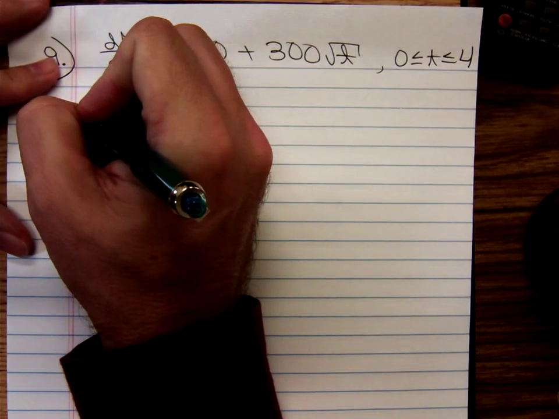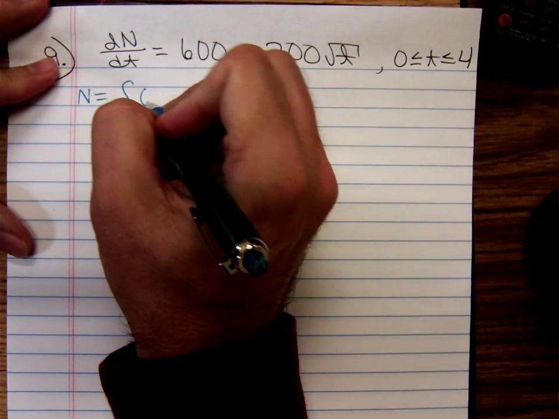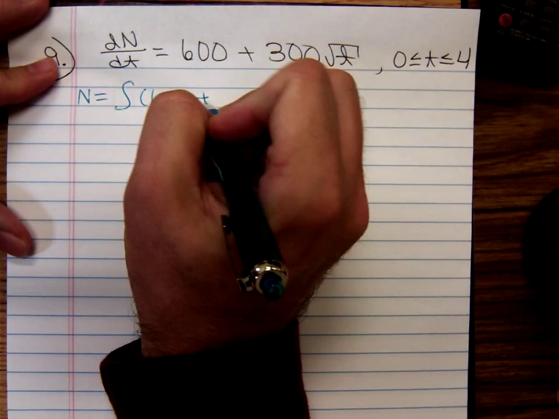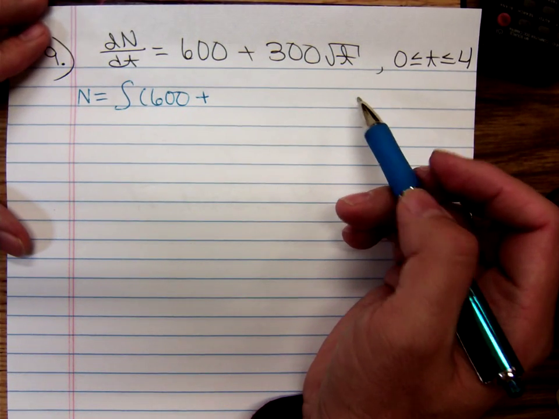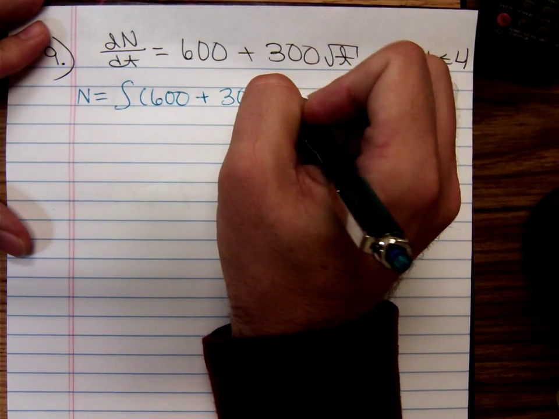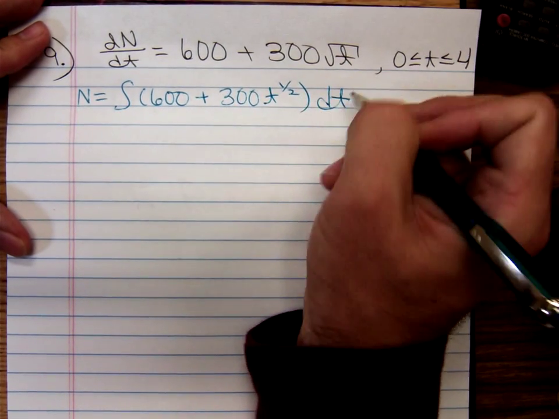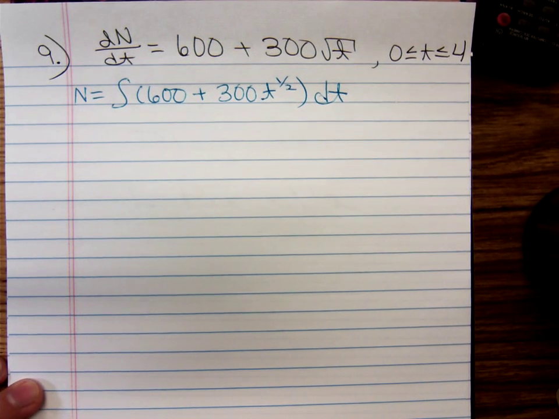So they want us to anti-differentiate 600 plus, how am I going to have to rewrite that, 300 square roots of t? So 300t to the 1/2. We're going to anti-differentiate in terms of t. This is a sum of terms. Do I need to use substitution?